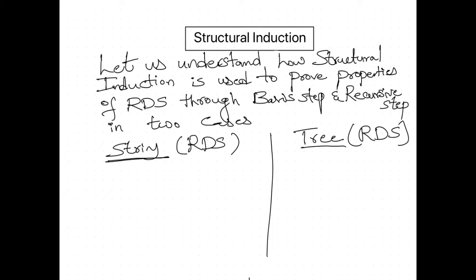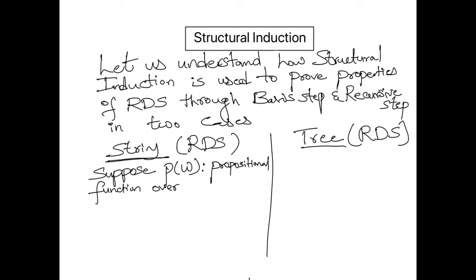Okay, we'll see now. Suppose P of W. What is P of W? A propositional function over the set of strings. The set of strings is denoted by this particular symbol, sigma star.